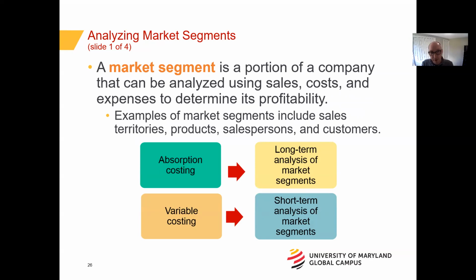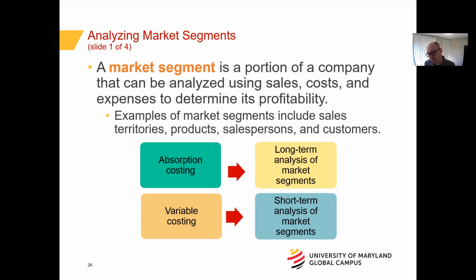The same can be said in marketing when we're looking at market segments to sell our products, to identify costs and determine profitability. We look at both absorption costing and variable costing. Absorption is good for long-term analysis of market segments.